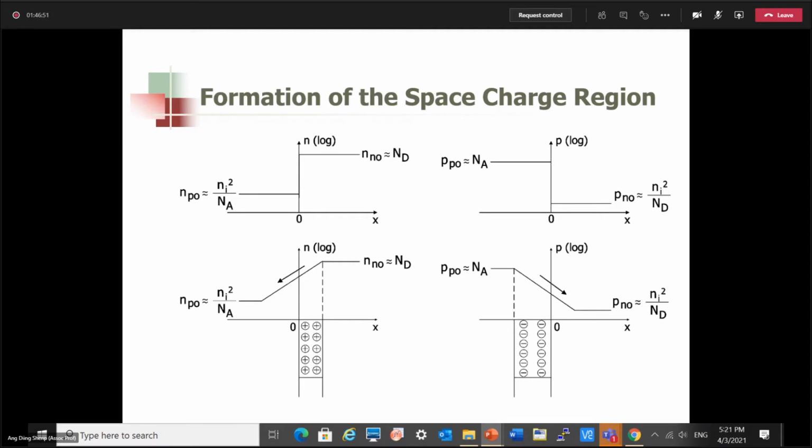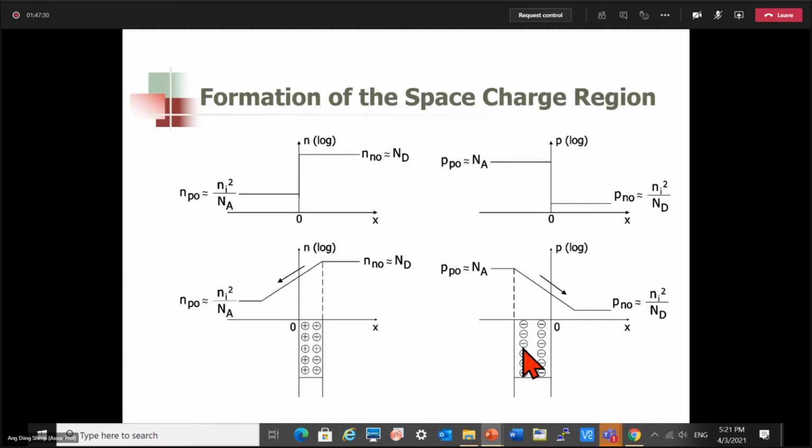Prof, just to clarify, the electrons that diffuse from the N side to the P side are negligible and they do not contribute to the space charge, right? Strictly speaking, they do. But the concentration of the electrons in this space charge region on the P side is much lower than the concentration of the negatively charged acceptor impurity atoms.